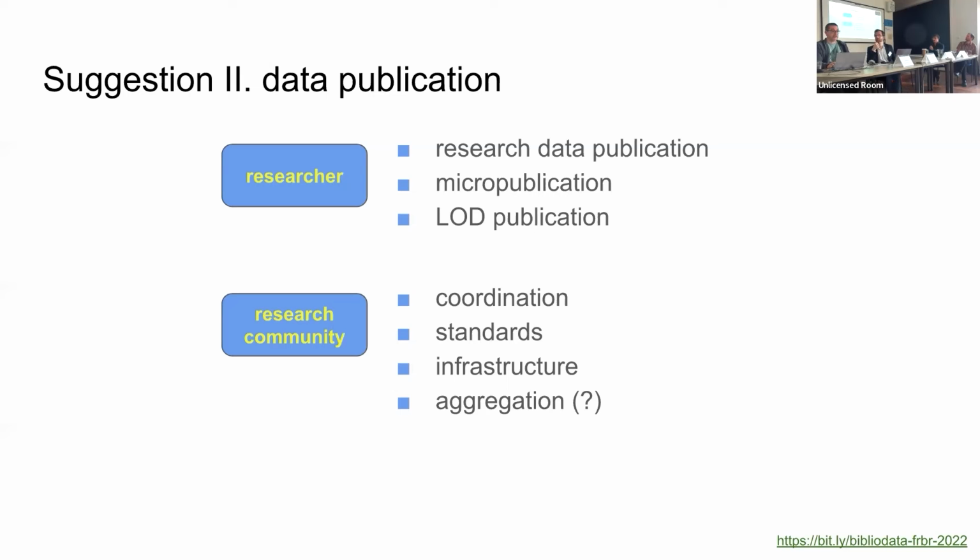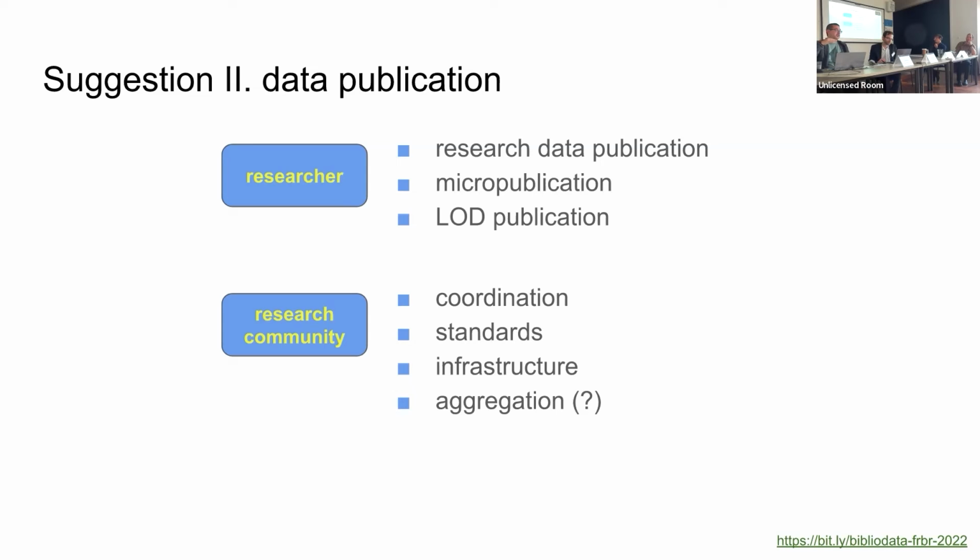And also on the research community level, we should coordinate the work of individual researchers, we might think of standardization. We might, on a larger level, create an infrastructure like maybe DARIAH would like.